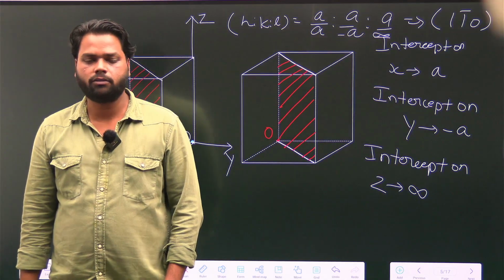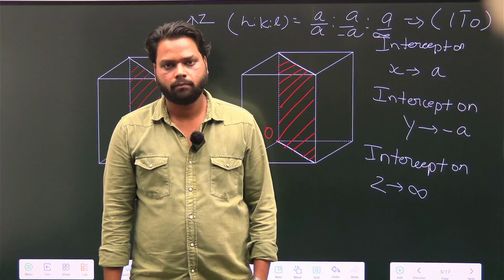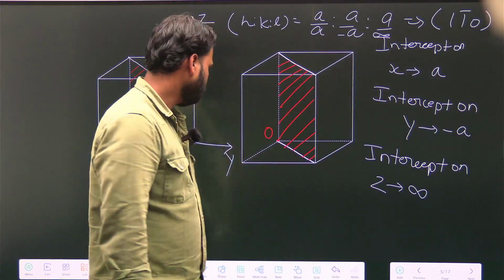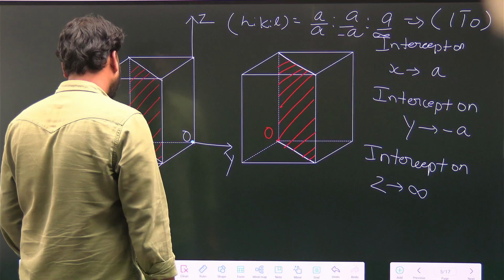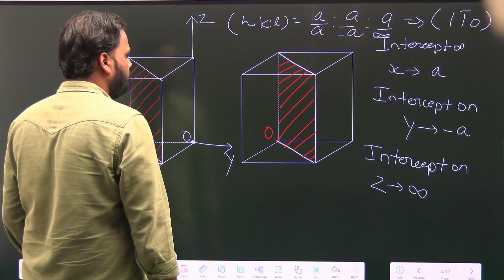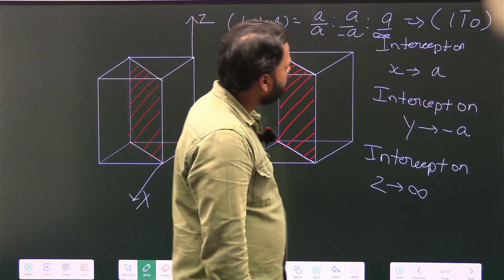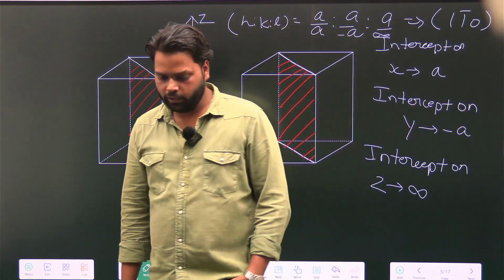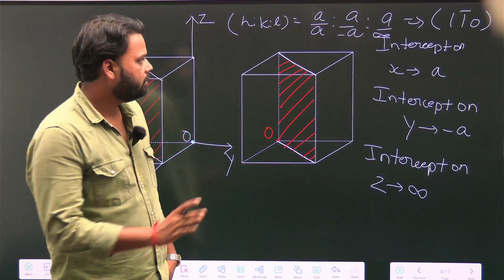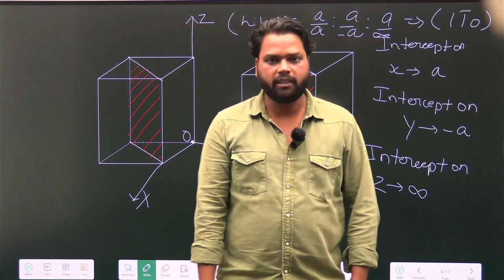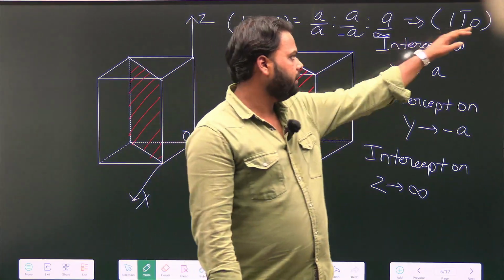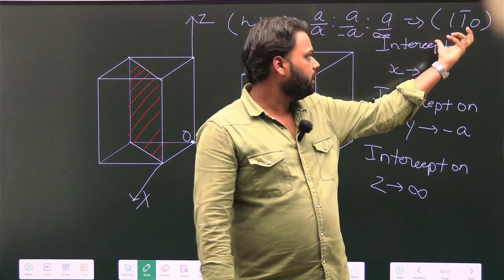No, these two are not same. Okay. Yeah, right. You are right. 1 bar 1 0 will also be same, because when you divide by -1, you will get 1 bar 1 0.